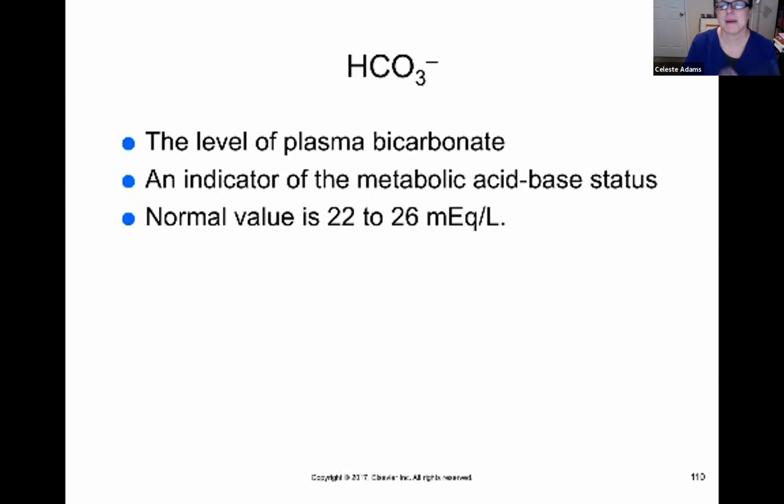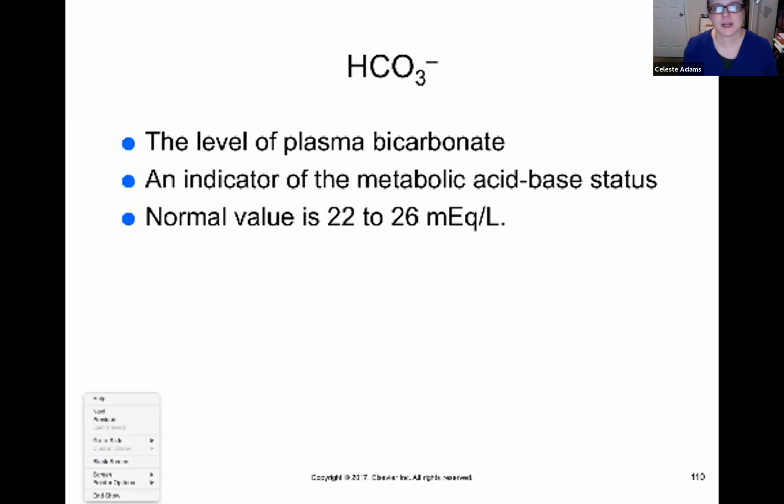Bicarb is going to tell you the metabolic status, whether it's too high or not high enough. Normal value of bicarb, know this: 22 to 26. There's no cutesy way to remember it, but like CO2, you just have to remember 22 to 26 is bicarb.